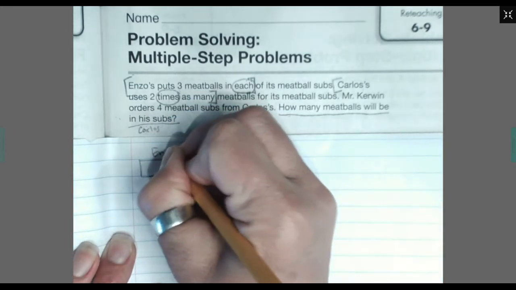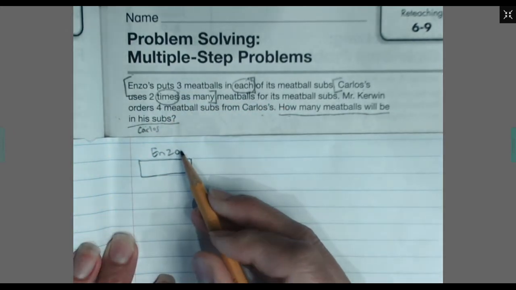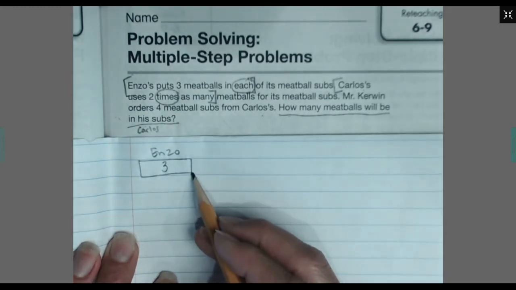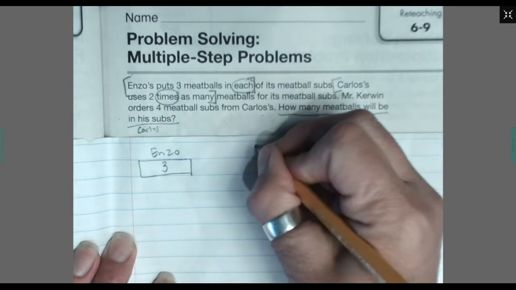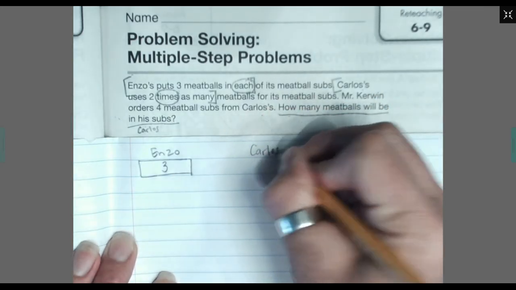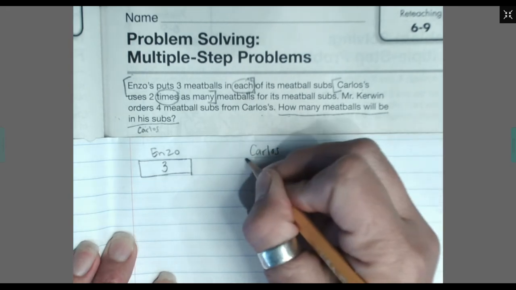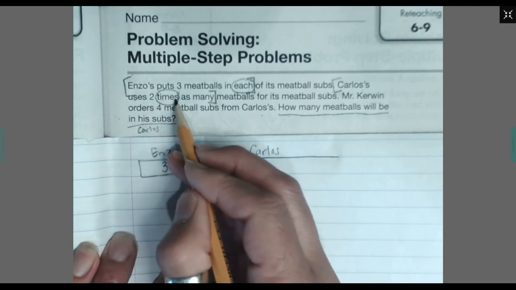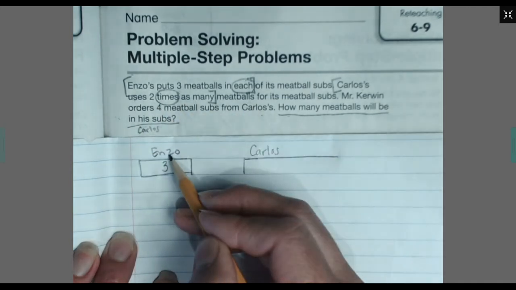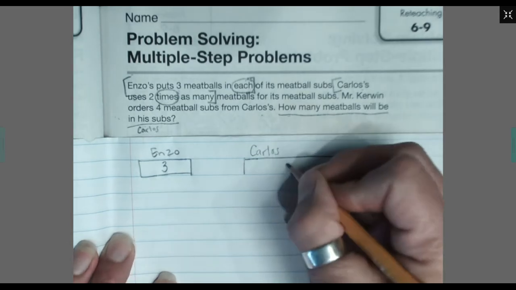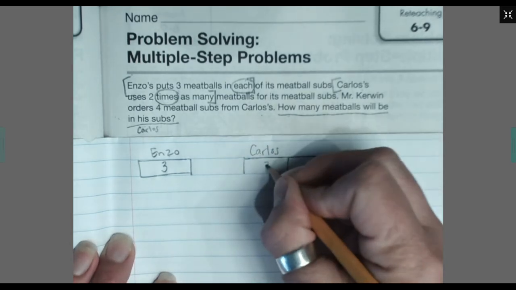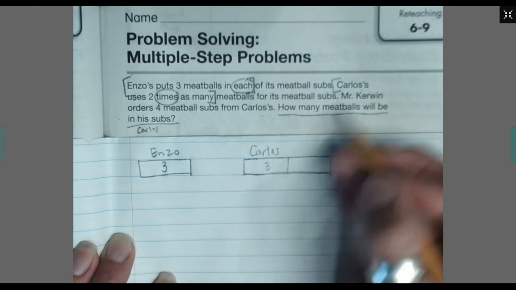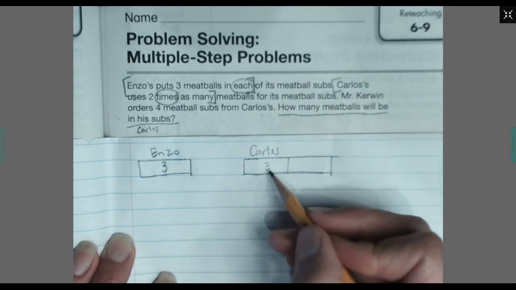Here's Enzo. And Enzo has 3 meatballs in one sandwich. And we know Carlos also has a sandwich. And Carlos has 2 times as many as Enzo. So we know that there were 3 in Enzo's, and we know that Carlos has twice as many. So Carlos is going to have 2 of those 3s.